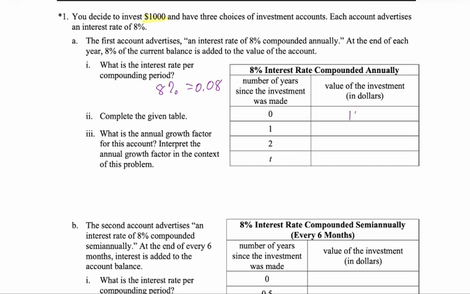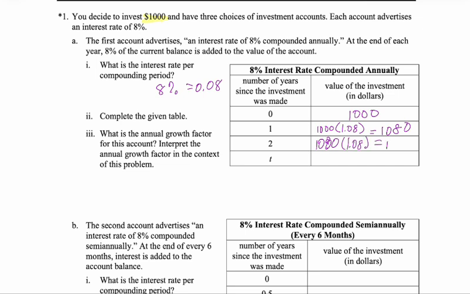So our initial value was 1,000. If you go up by 8%, or if you multiply that by 1.08, so 1,000 times 1.08, we get $1,080 at the 1 year mark, because they've kept our 1,000 there. They've given us $80. Now, for year 2, we had that 1,080 sitting there all year. We multiply that by 1.08.